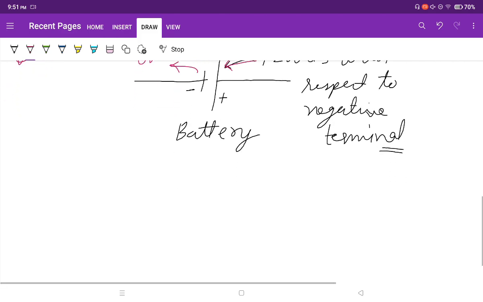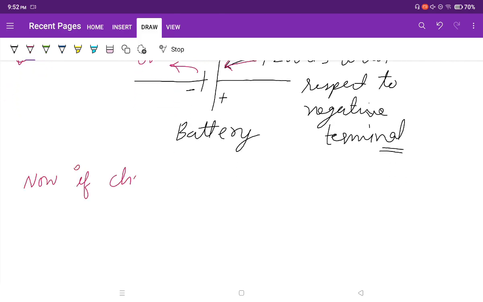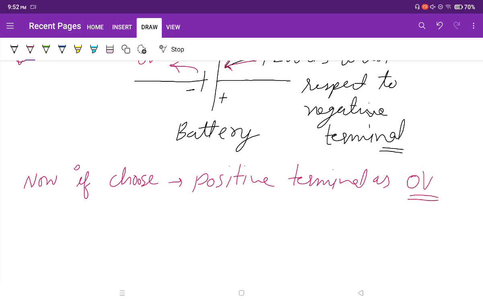Right? Now if I choose positive terminal as 0 volts, so now what will happen?